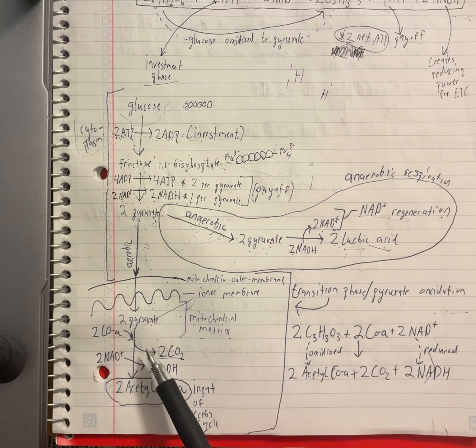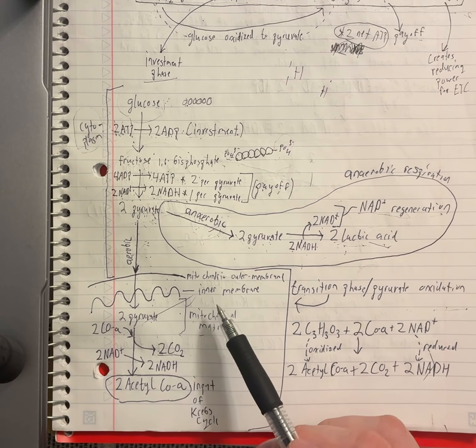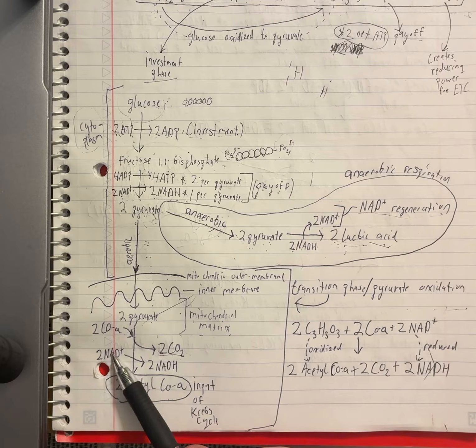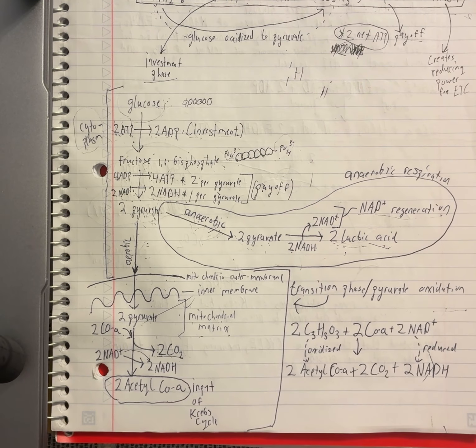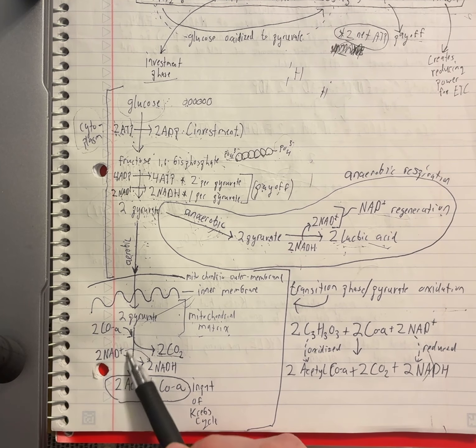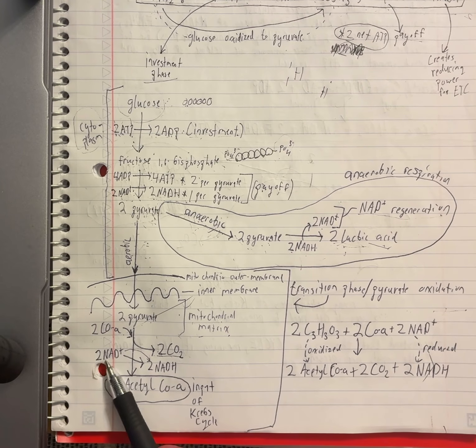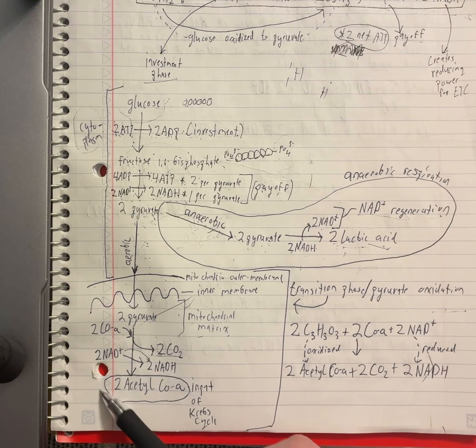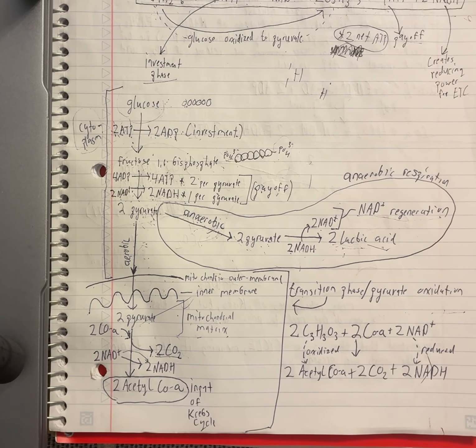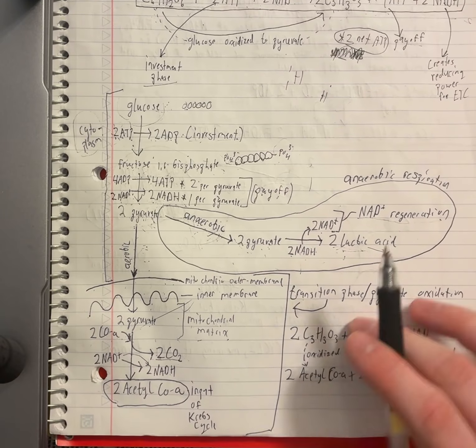All right, and then the other product and reactant is this NAD+ is going to be reduced to NADH. Remember, it's reduction because we're losing this charge. So we're going to reduce 2 NAD+ to NADH. And the end product of this is going to be 2 molecules of acetyl coenzyme A, or acetyl-CoA.